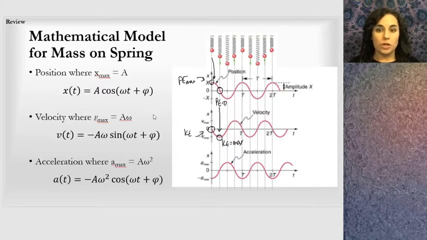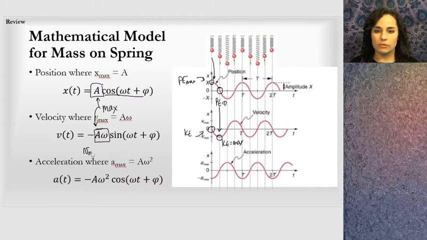What I want you to know, again, is that the amplitude, this first term in front of the trig function, right? I don't care about the trig function, that first term will always be the maximum value for whatever function you're looking at. So when I look at velocity, actually I'm going to neglect the negative sign because I don't care about it.